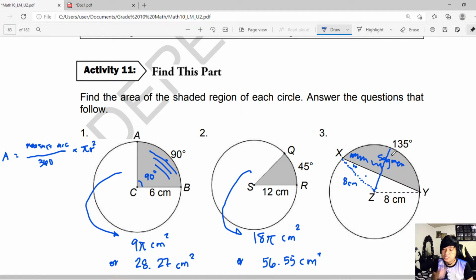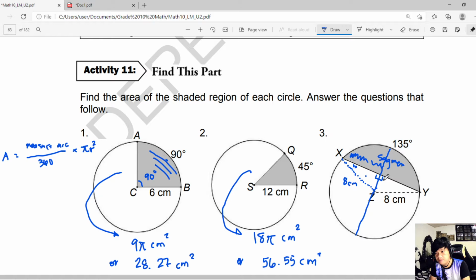So this one, as you can see, we have two right triangles. Ito siya and ito. And we discussed this one that the diameter bisects the chord. Ibig sabihin, hinati niya sa gitna. Ibig sabihin itong triangle na ito, this triangle is also congruent to this triangle sa kabila.